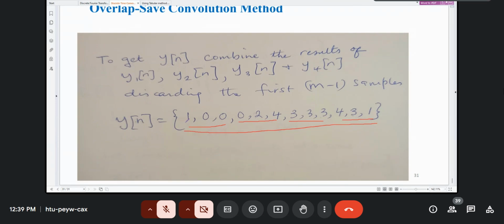So it is the last M samples: the length of each sequence after breaking down, we chopped it into length-M sequences, so the length is M. The last M samples remain, because we removed the first M minus 1 samples.